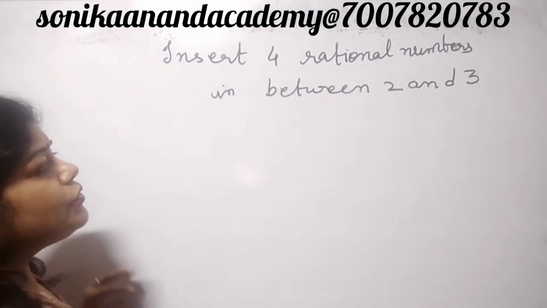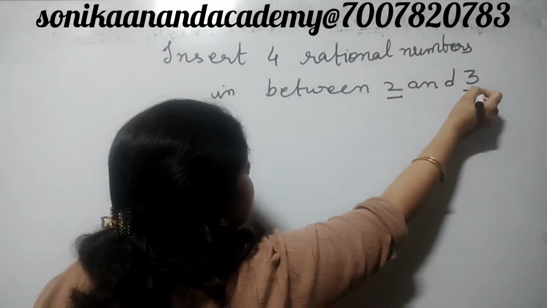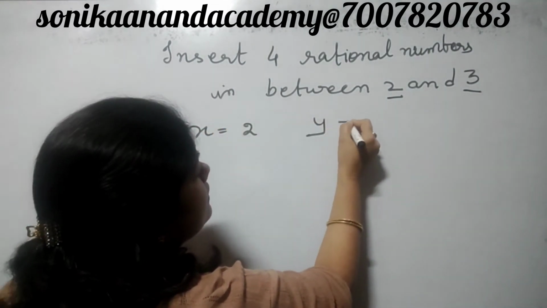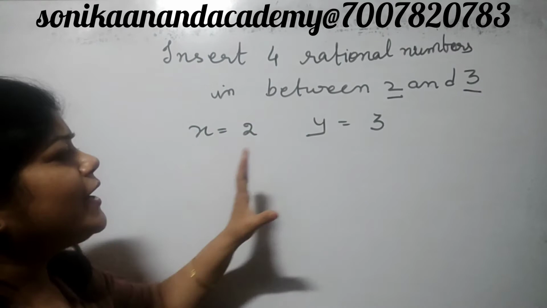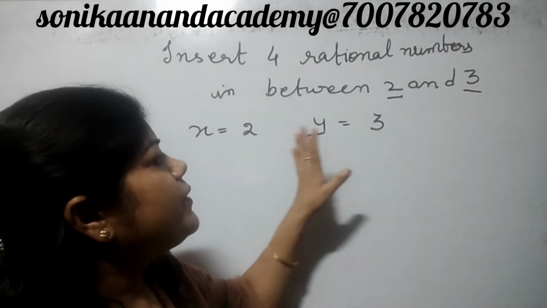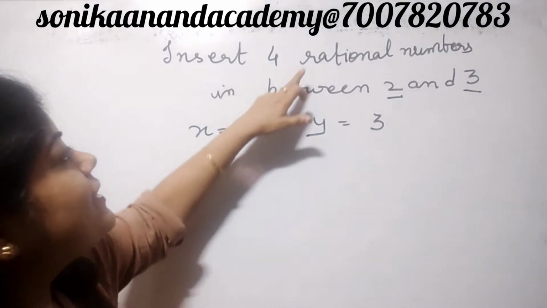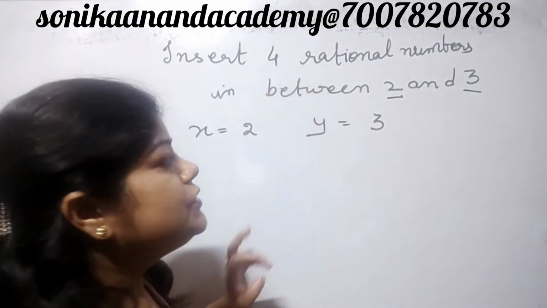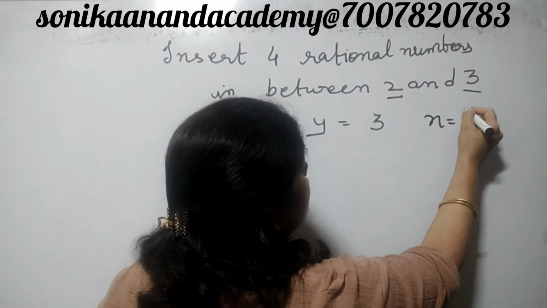Let the starting number be 2 and the other number be 3. We have to find different rational numbers between 2 and 3. How many rational numbers do we have to find? We have to find 4 rational numbers. So the value of n is equal to 4.